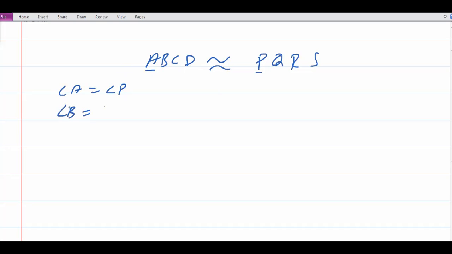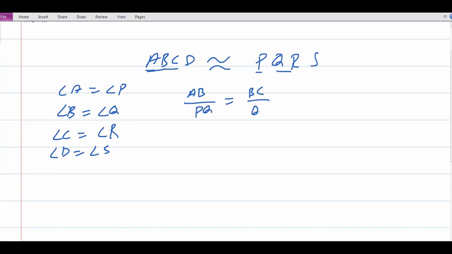Angle B will be equal to angle Q, angle C will be equal to angle R, and angle D will be equal to angle S. And also AB over PQ will be equal to BC over QR, which will be equal to CD over RS, which will be equal to AD over PS.